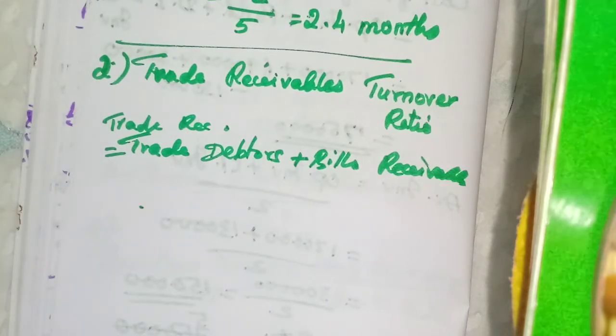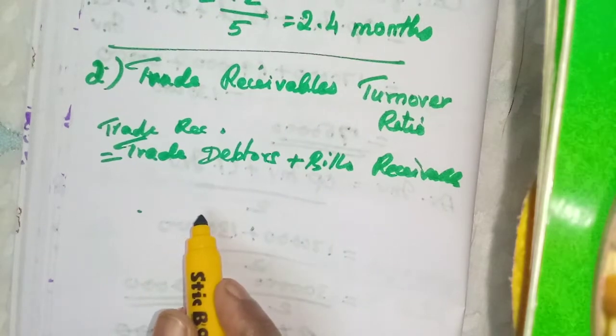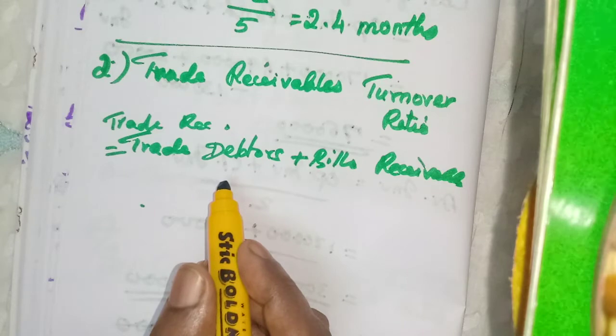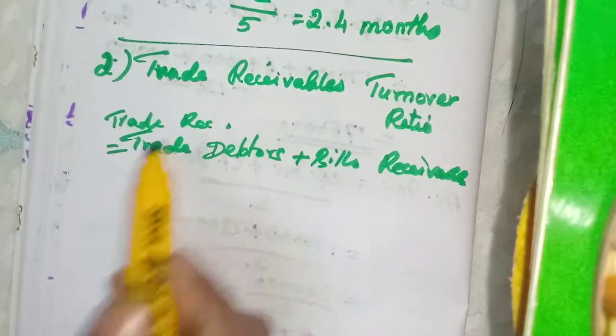Here, trade receivable means we are going to collect the amount from the debtors, isn't it? So we are comparing the credit revenue from operation, that means the credit sale, with the average trade receivables.